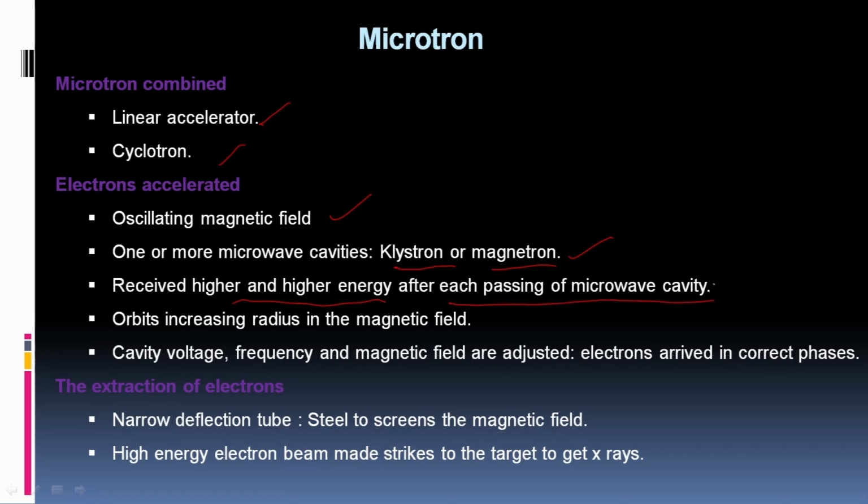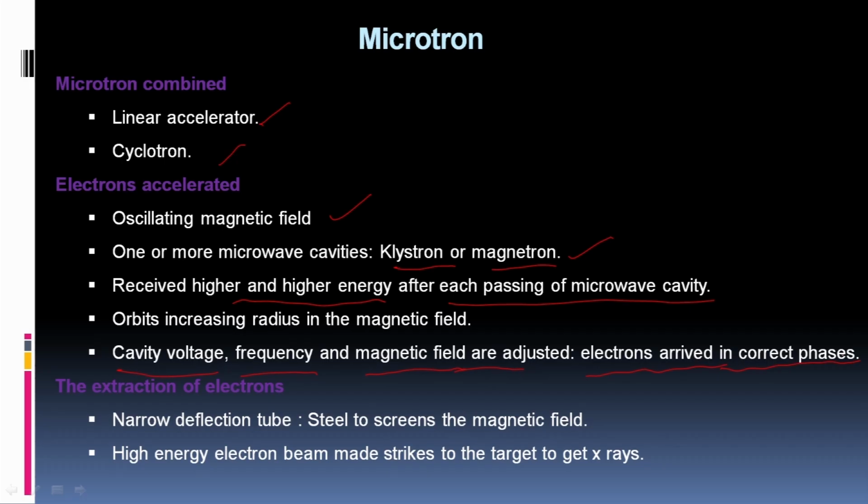The orbit is defined by the increasing radius in the magnetic field, and the cavity voltage is an important parameter. The frequency of the alternating field and the magnetic field are adjusted such that the electrons arrive in correct phase at each passing of the microwave cavity.